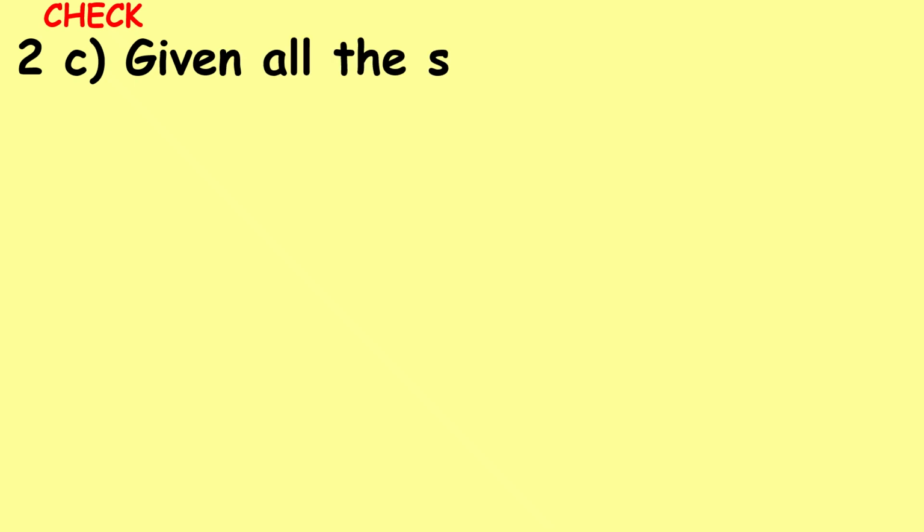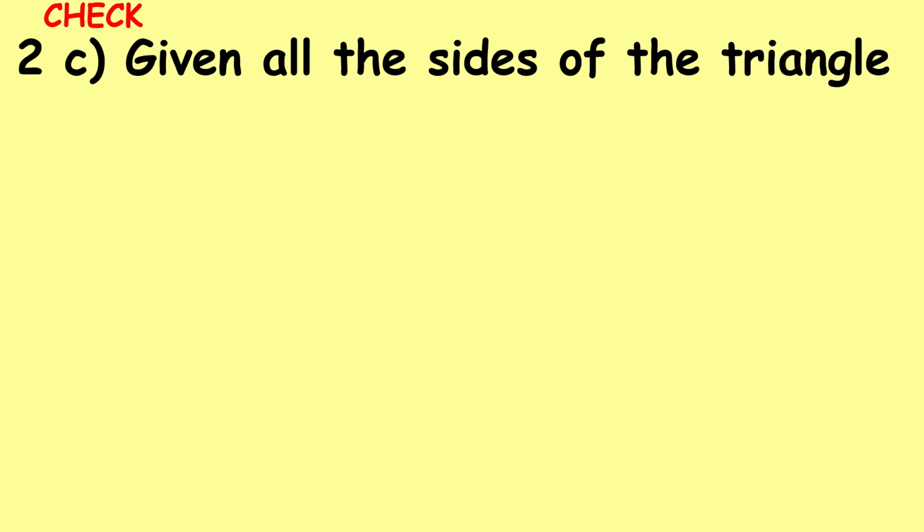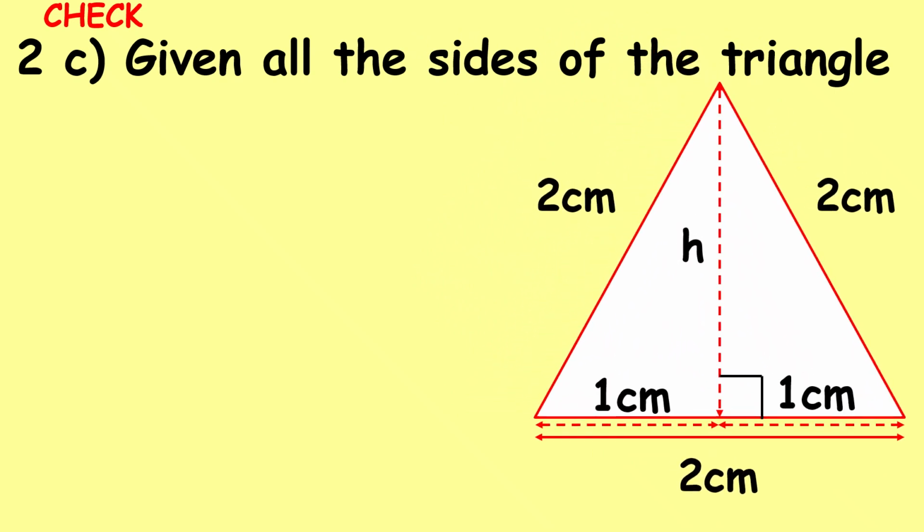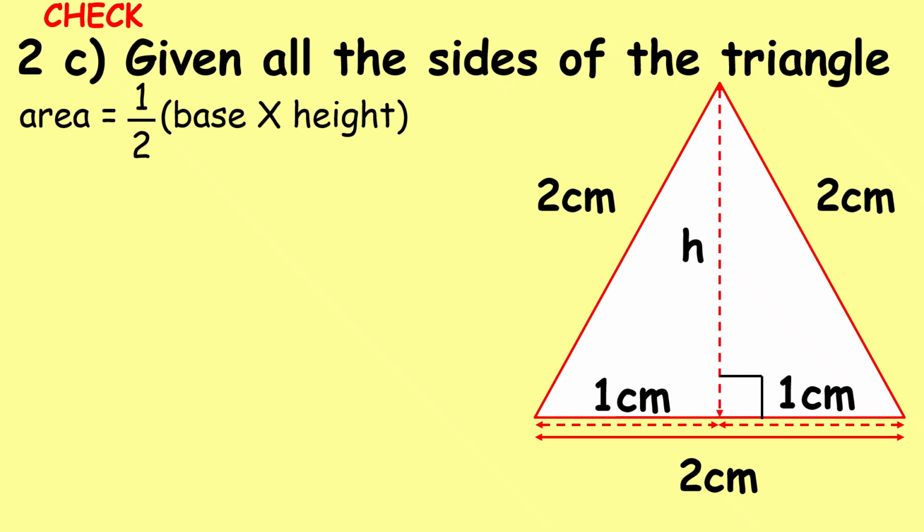Now that we have successfully calculated the area of the triangle using Heron's formula, we will find the area of the same triangle using the half base times height formula, and then we'll see whether we get the same thing.